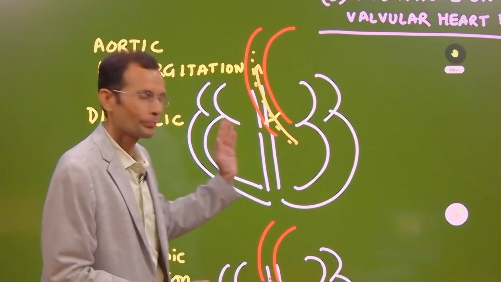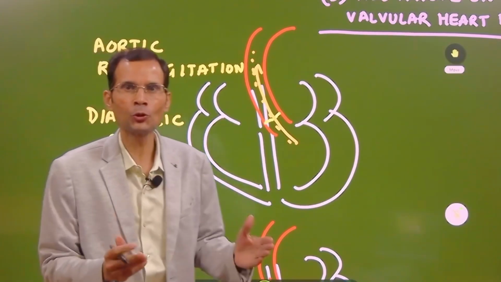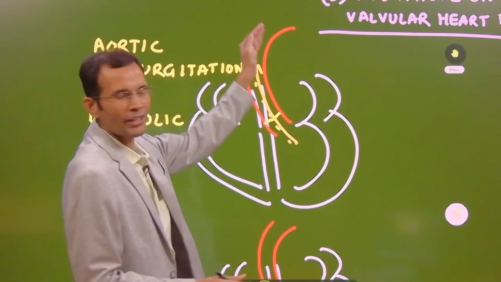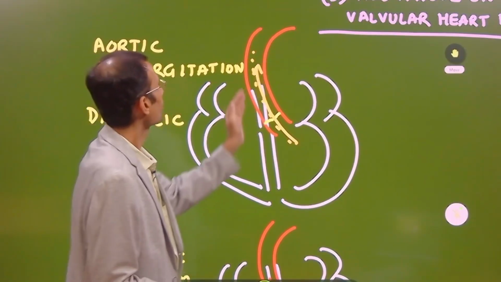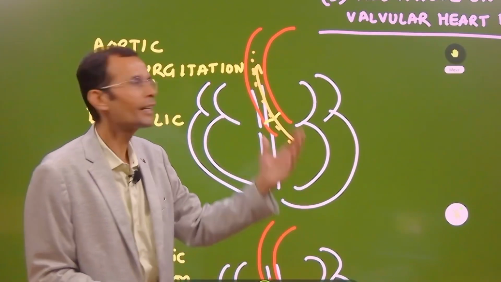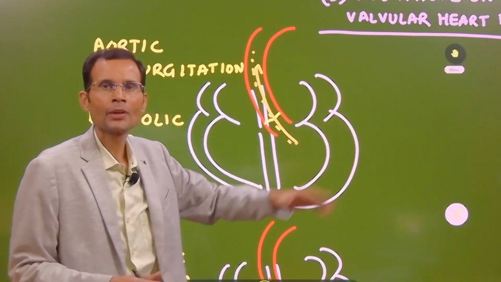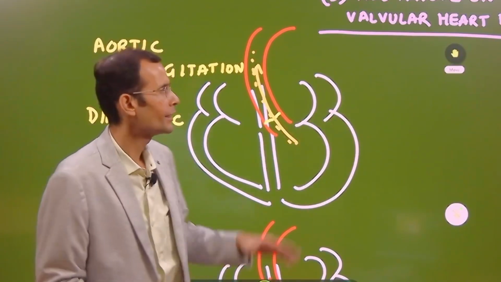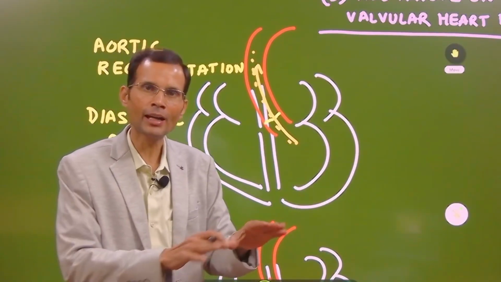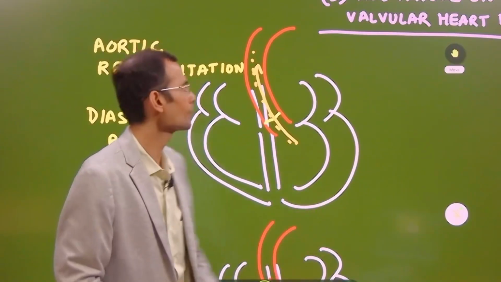You can see here that during systole, the blood is ejected out of the left ventricle and it fills the aorta and arterial system, and that creates the systolic blood pressure. Now in this patient, systolic BP is fairly in the range of 160, fine.